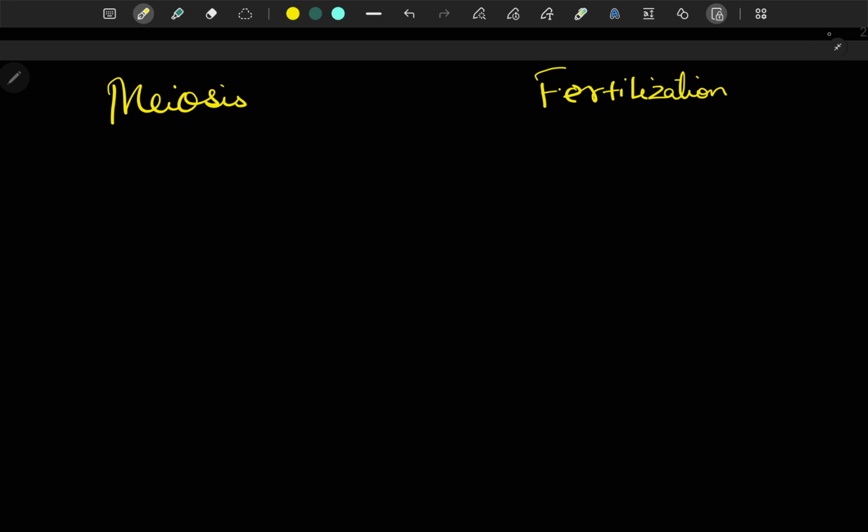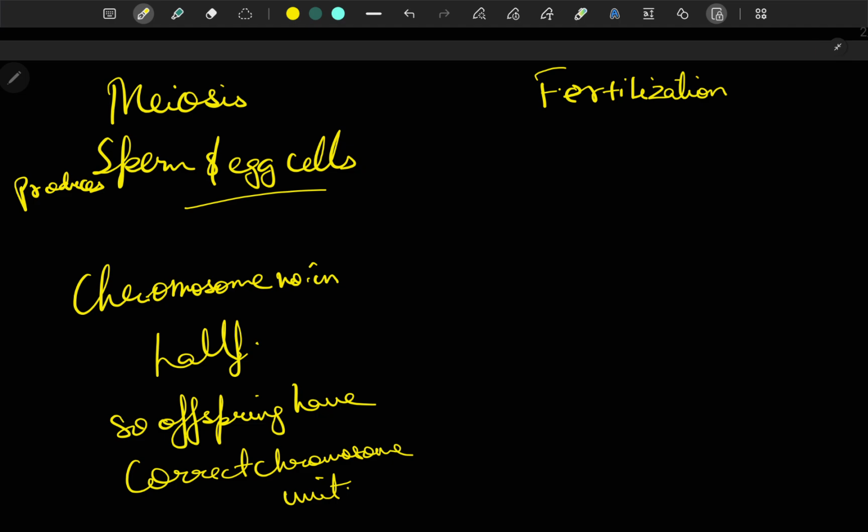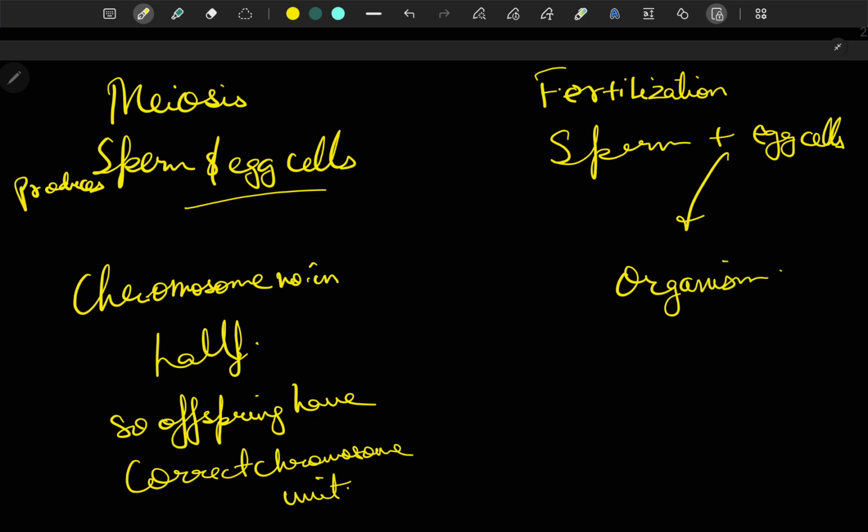Meiosis is a special type of cell division that produces sperm and egg cells, and it also reduces the chromosome number in half, so that offspring have the correct chromosome number. In fertilization, sperm and egg cells come together, join, and form a new organism. These two processes keep the chromosome number stable across generations.